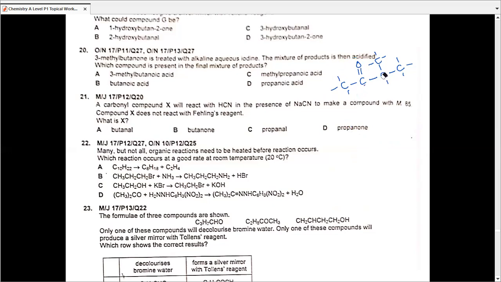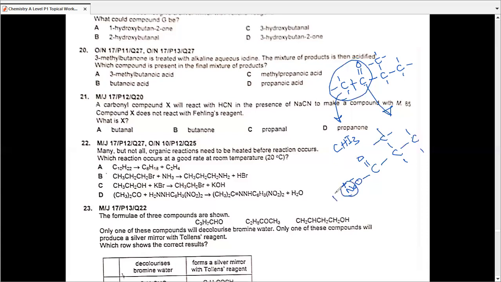Out of this portion, this bond is broken down. This is converted into CHI3, and this part is converted into the carboxylate, COO negative, Na positive, and this would be like this, of course.